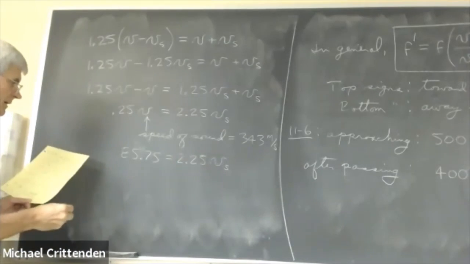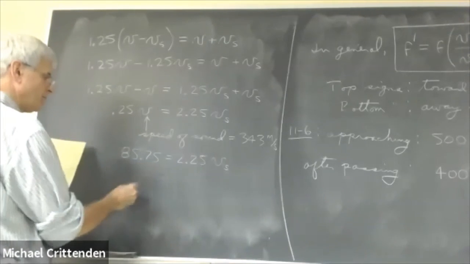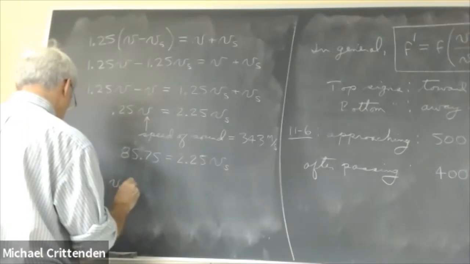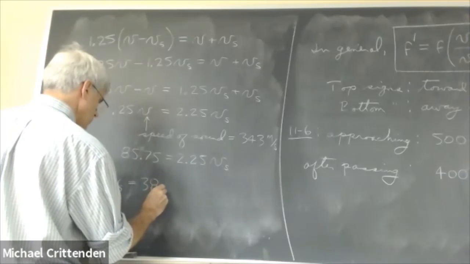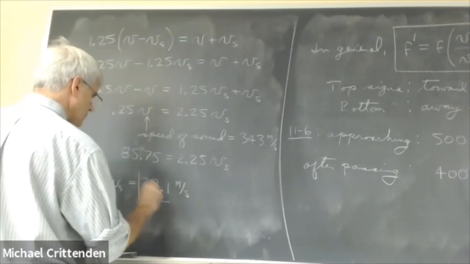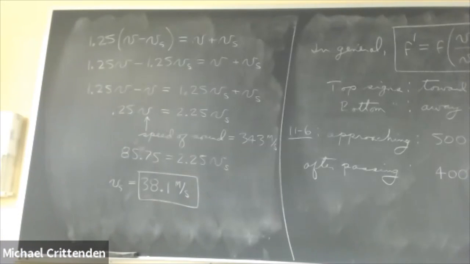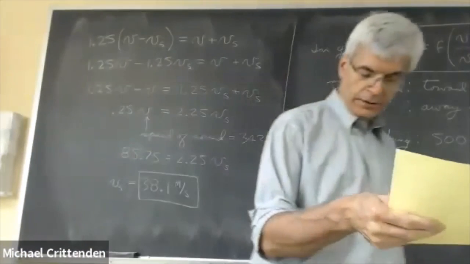Divide, and we have the answer. 85.75 divided by 2.25 is 38.1 meters per second. So based on the Doppler shift in waves that are coming from this car, it's going just about exactly 85 miles per hour.